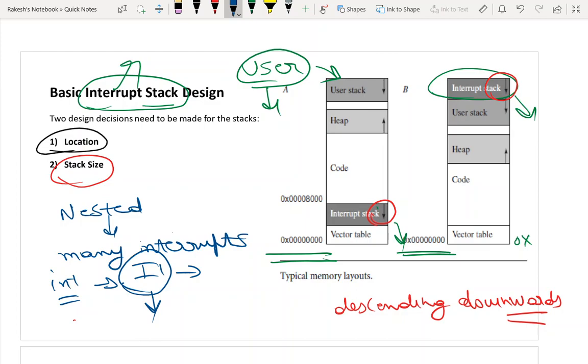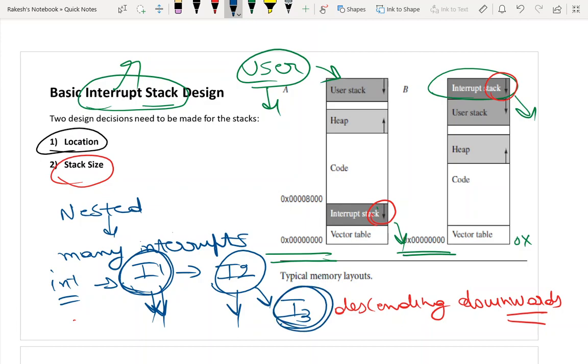So in this case, before the completion of servicing the first interrupt, another interrupt I2 comes, and that interrupt will also be allowed by the processor. Before the completion of this one, another interrupt comes, and this interrupt will also be allowed by the processor. Then after completing this one, it returns back, then this is serviced, then returns back, then this is serviced.